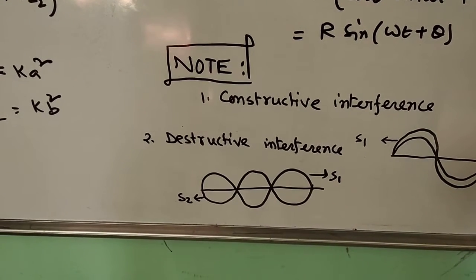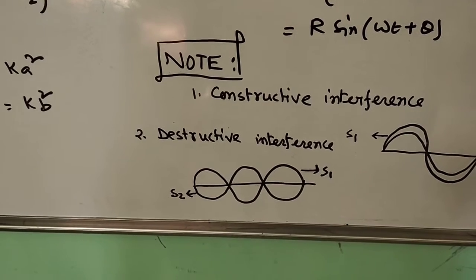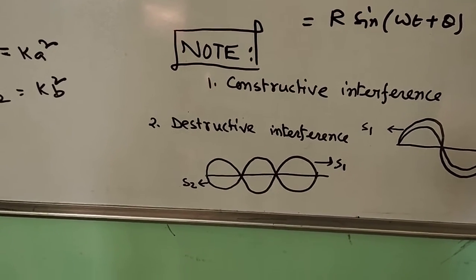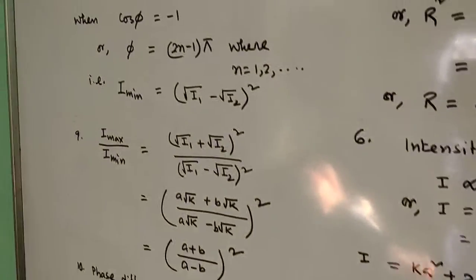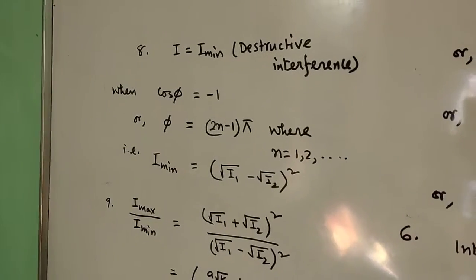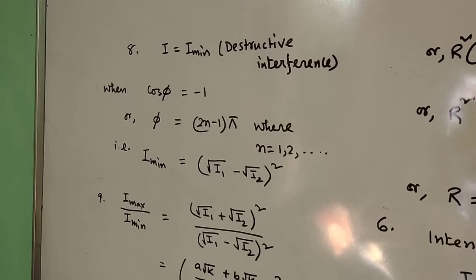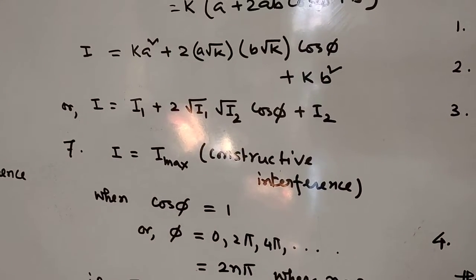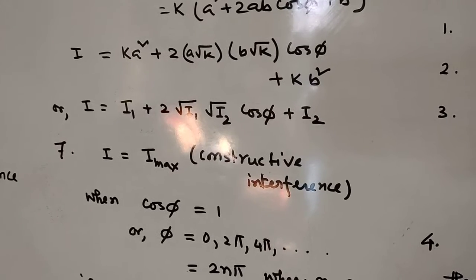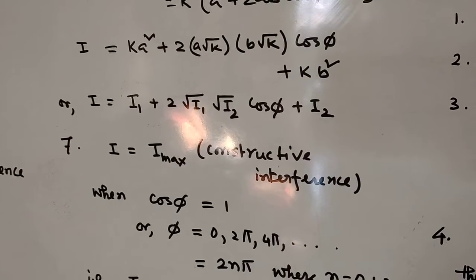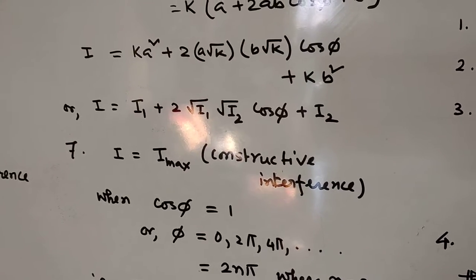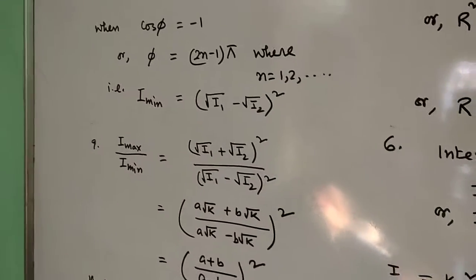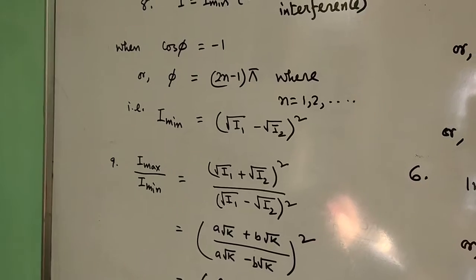The downward wave is from S2, the upward wave is from S1. So they have a phase difference of pi. That is destructive interference, and the intensity is minimum. If you substitute cos phi equal to -1 in this formula, I equal to root over I1 whole square minus 2 root over I1 root over I2 plus root over I2 whole square. So ultimately we get I minimum equal to root over I1 minus root over I2 whole square.